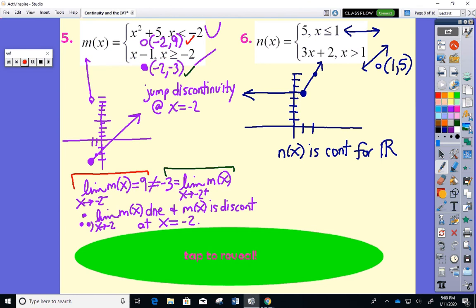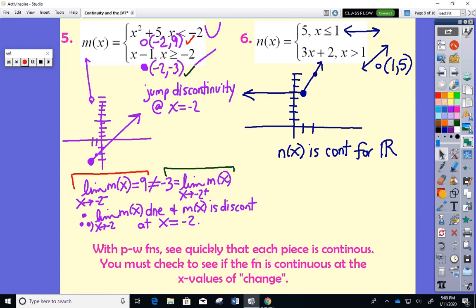So on this one, the two individual pieces were already continuous. I checked to see what was happening at the x value of change, and since the two pieces connected to each other, we're good. So if you want me to also say something there to be more specific, I could say n of x is continuous specifically at the x value of change, so at x equals 1, because, go back to the three-part test, what is n of 1?